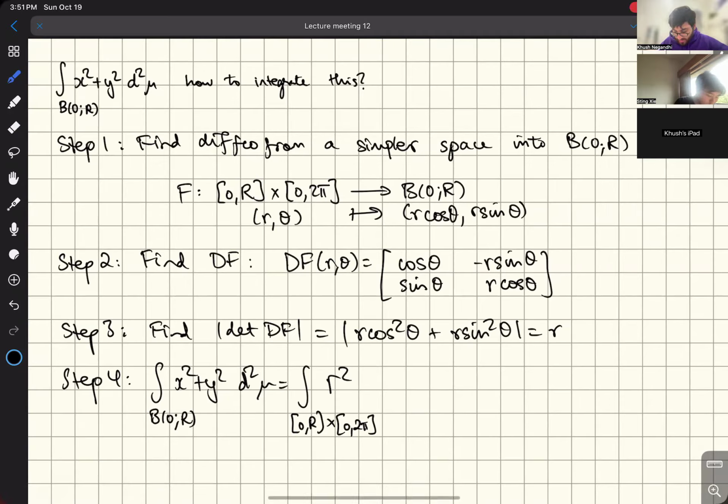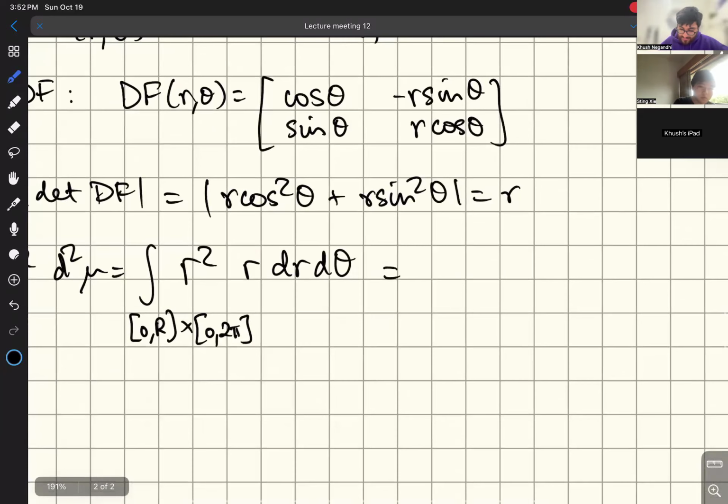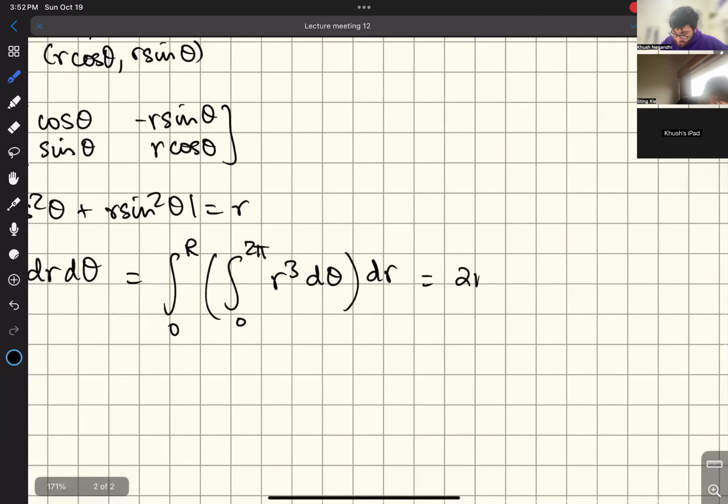So this is r squared, and then you multiply by r, and then the measure, which is dr d theta. And now you have the iterated integral, as we had many times, r cubed d theta dr, which is nothing but 2 pi times the integral.